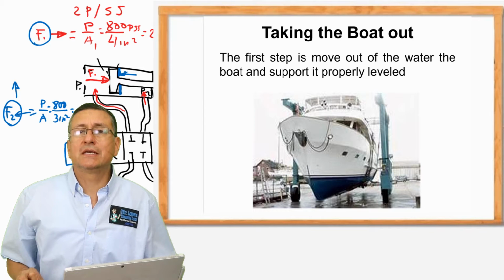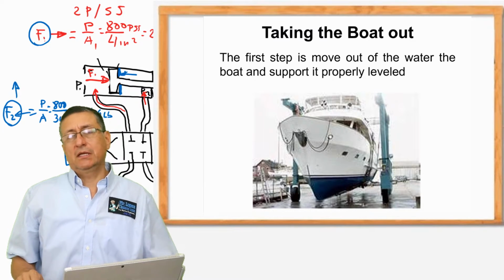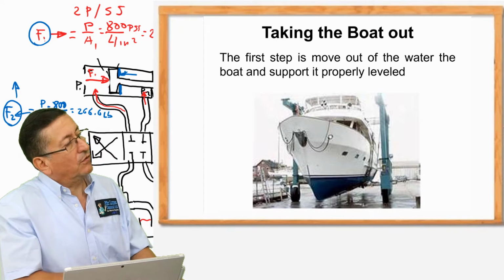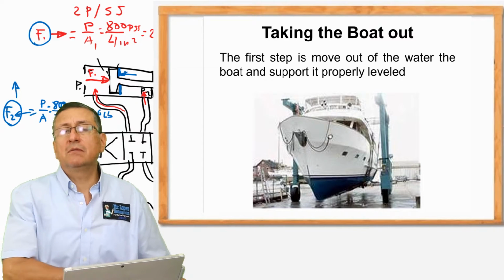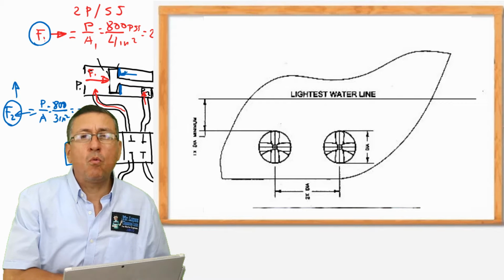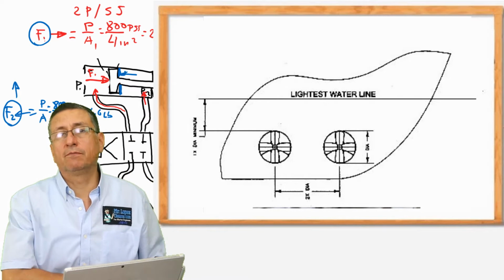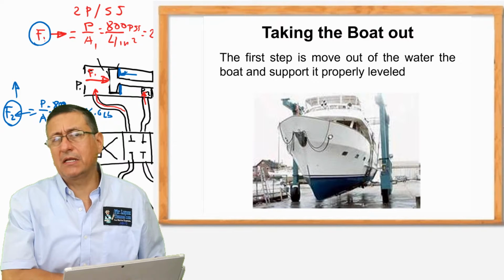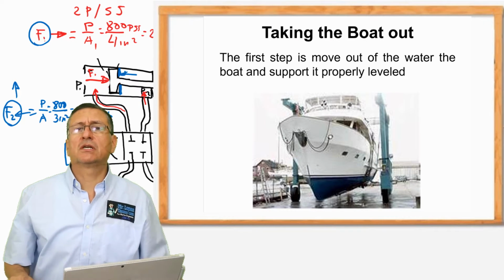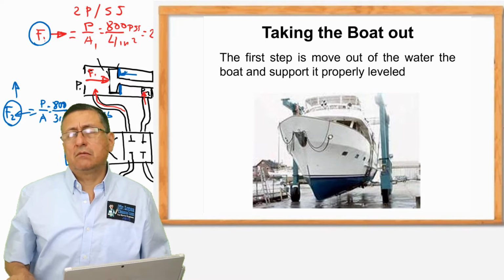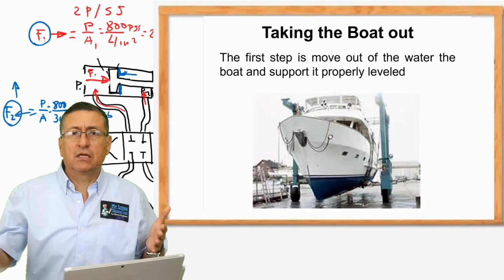Check where the water line is located, because the tunnel, the diameter of the tunnel, should be located a minimum of 1 foot, 1.5 feet below the water line. Remember that the bow thruster and the stern thruster are used basically during docking.